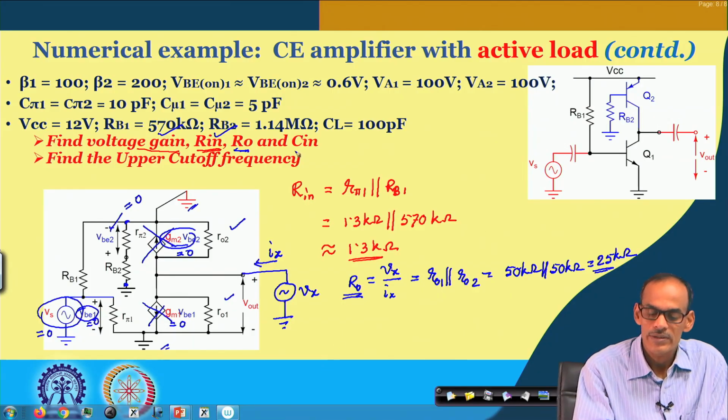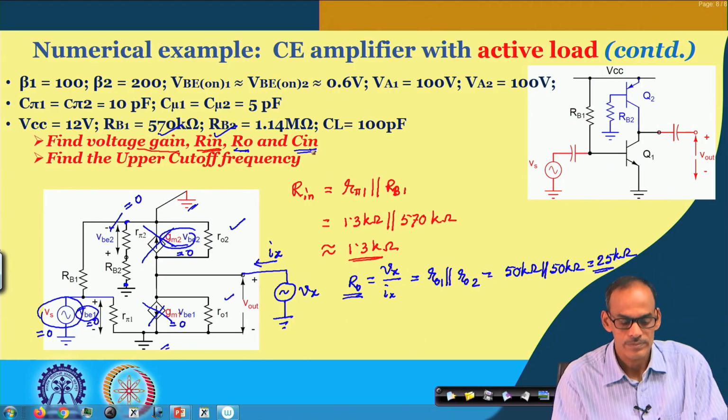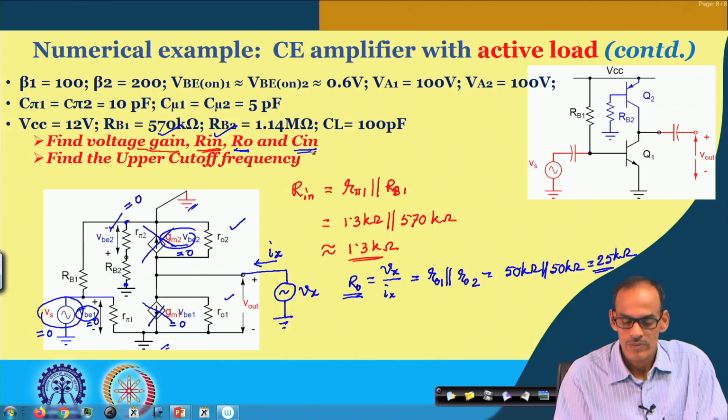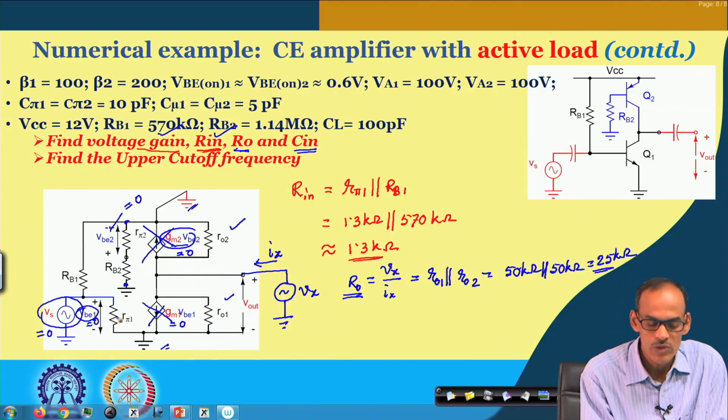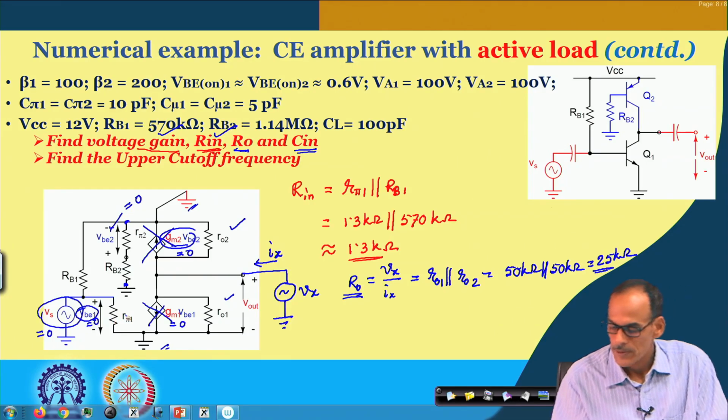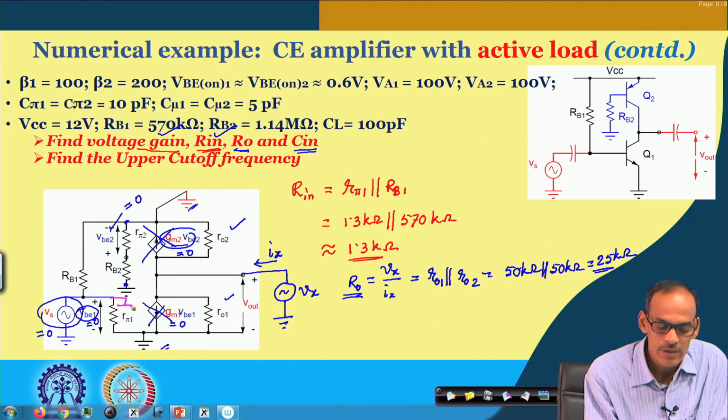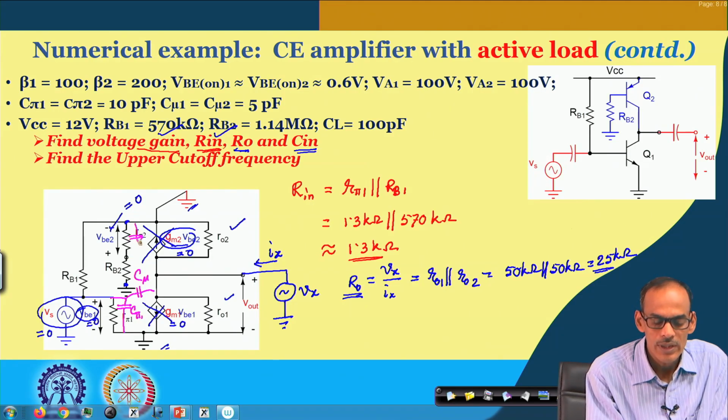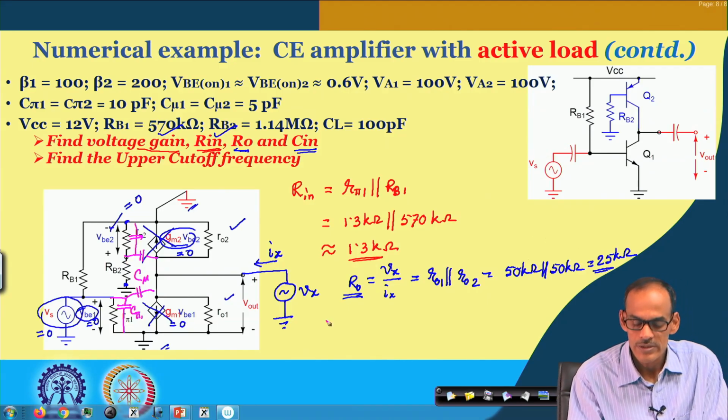Next is the input capacitance. While talking about the input capacitance, we have to consider C pi and C mu. So, we have C mu here and C pi here, and likewise here also we have them, but that is not really contributing anything towards the input capacitance.